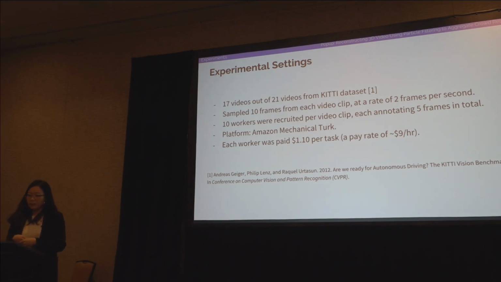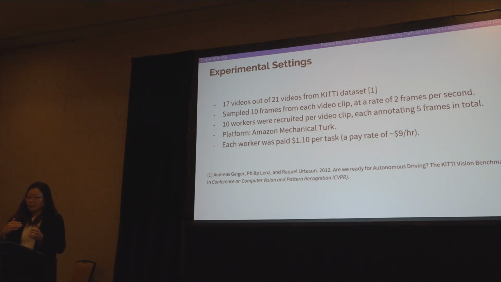Okay, so to see if our applied ideas actually helped improve the system quality, we ran an experiment. We used 17 videos from the KITTI dataset, which is a car sensor-mounted 3D dataset of traffic scenes.